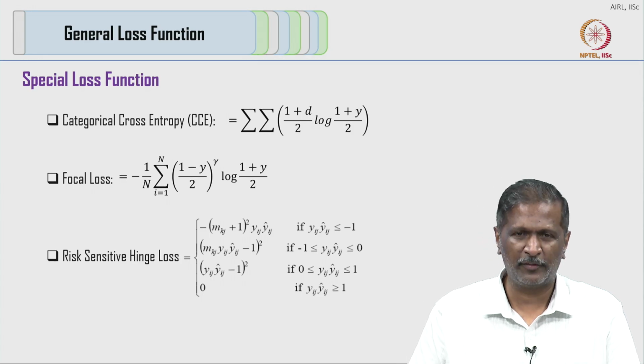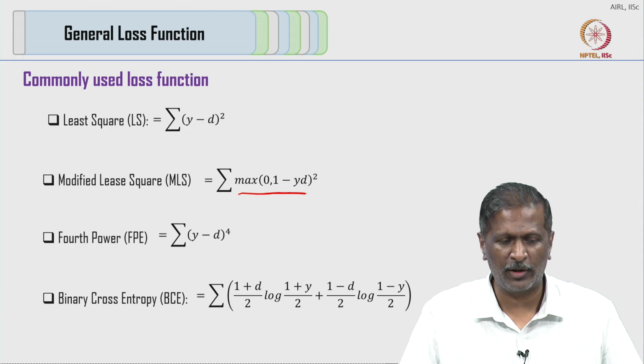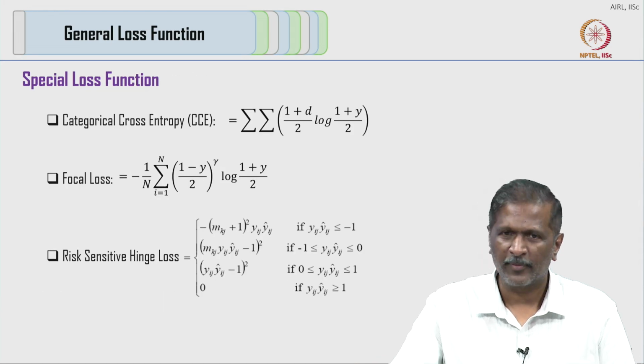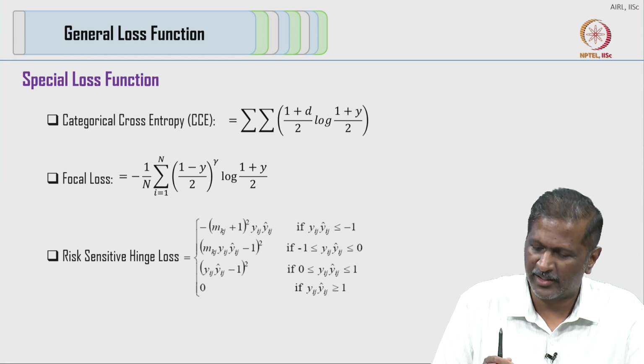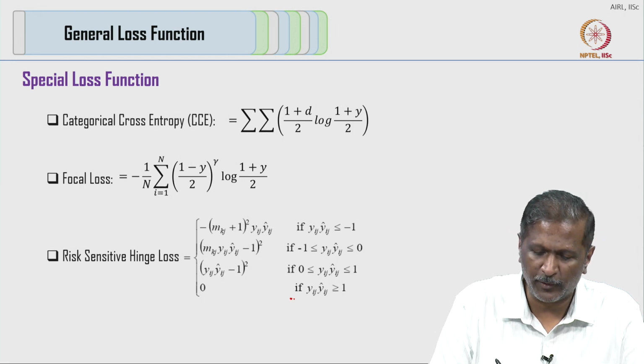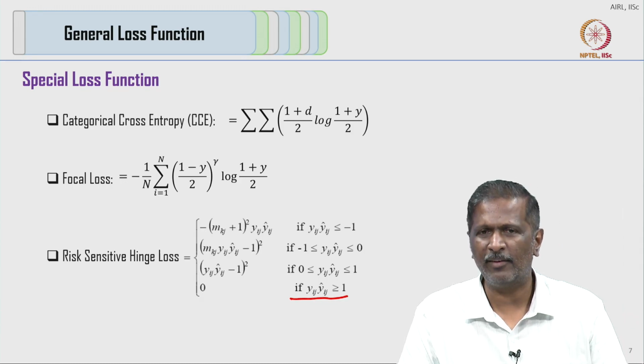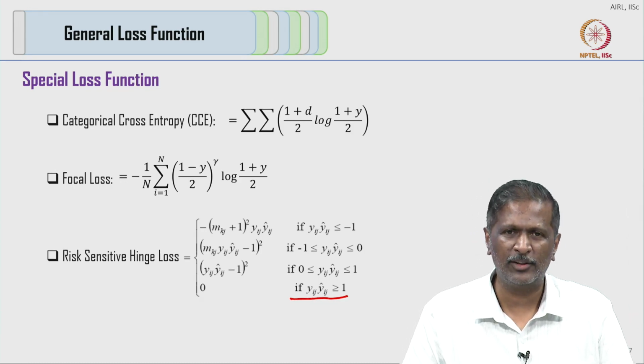For example, in the previous case where we talked about modified least square and cross entropy, both do not penalize the network when the predicted value and the target value agree and the product is greater than 1.